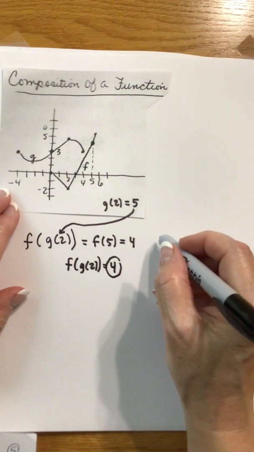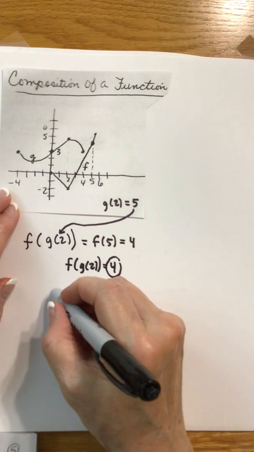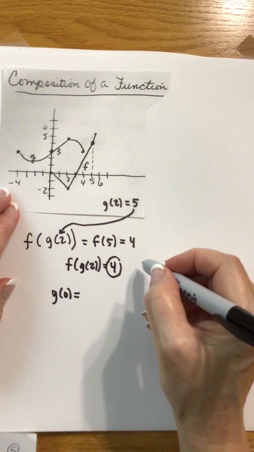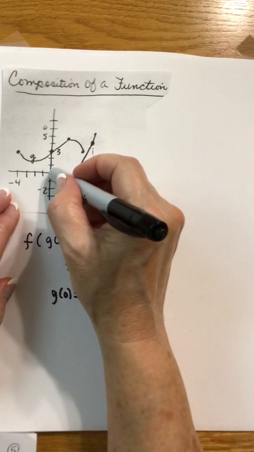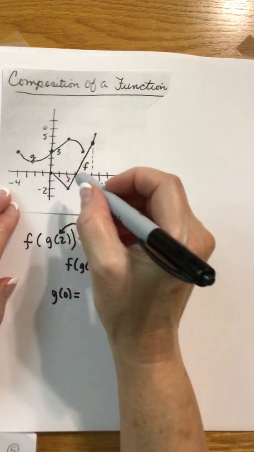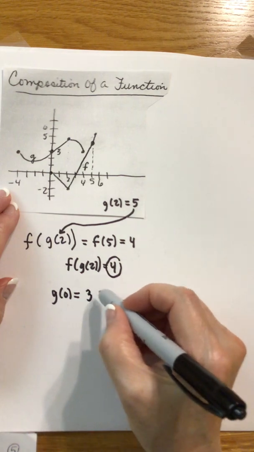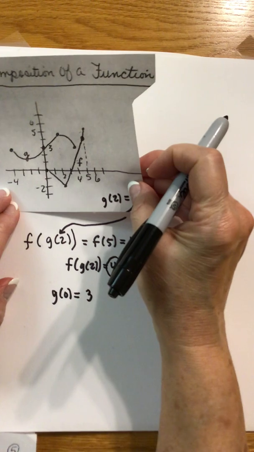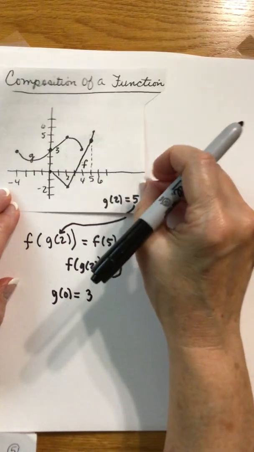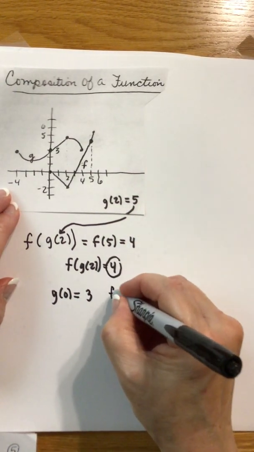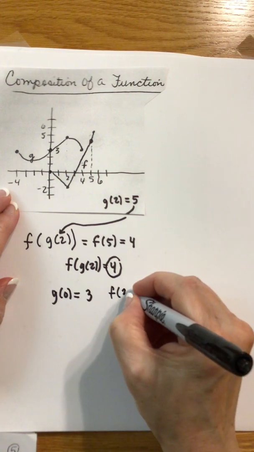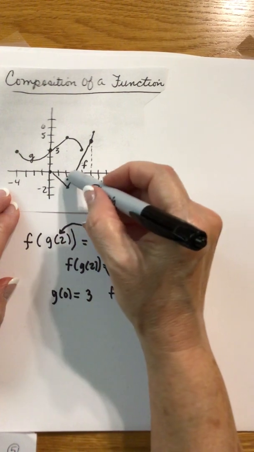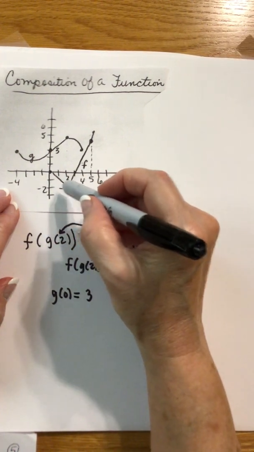So let's just play with it for a second. If I wanted to find what g of 0 was, what would I do? Well, I would go to 0 and I would go up to g. So it touches at 3. Let's see if we can figure out another one here that looks obvious. If I wanted to find f of 2, I would go to 2, and now f is this one, so I would come down to this one, so it's across from -2.